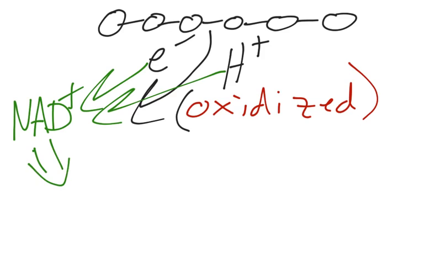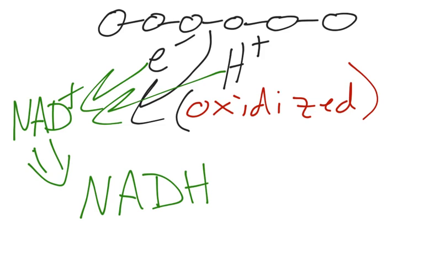So then we end up with NADH. The important thing about NADH is that each NADH molecule will take 2 electrons, but it'll only take one of the hydrogens. So you'll see it written like this a lot, NADH plus H, in your book.